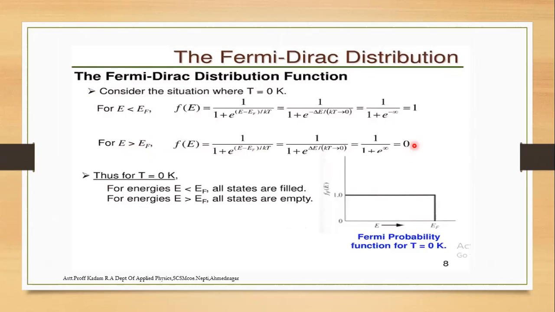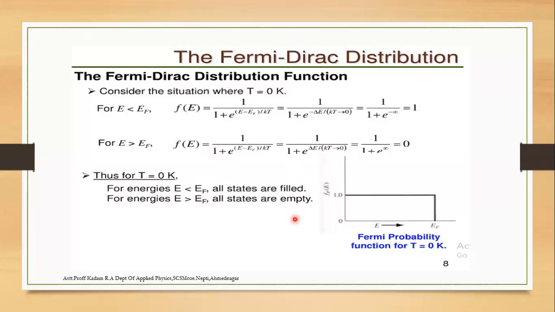So at T equal to 0 K, the Fermi probability function shows that all states below the Fermi energy are filled, and when E is greater than E_F, all states are empty.